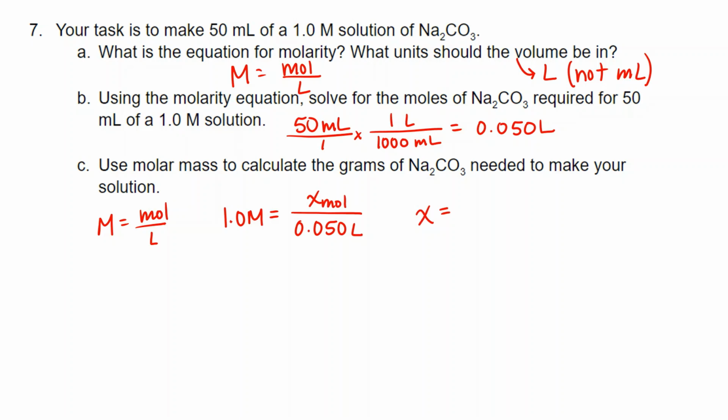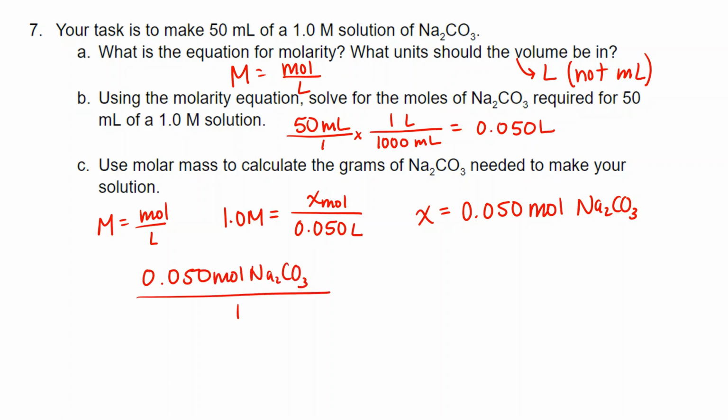So this gives me 0.050 moles of sodium carbonate. Now, sodium carbonate is a solid, so we would want to weigh this using a scale. But there's no scale that measures in moles because every compound has a different molar mass. So I'm going to change my moles of sodium carbonate into grams of sodium carbonate.